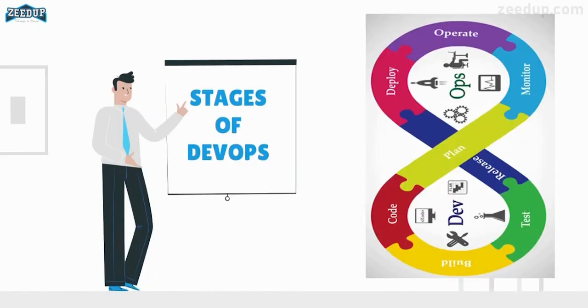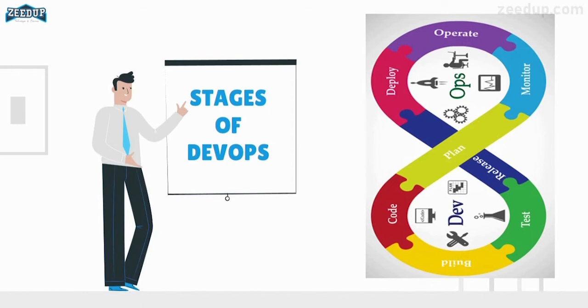There are 8 stages of DevOps. These stages are plan, code, build, test, deploy, release, operate, and monitor. All these 8 stages are essential in DevOps.